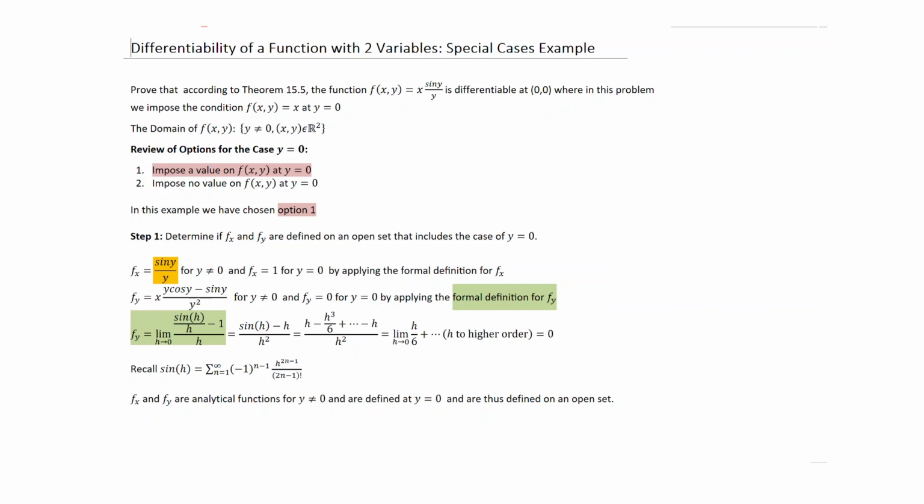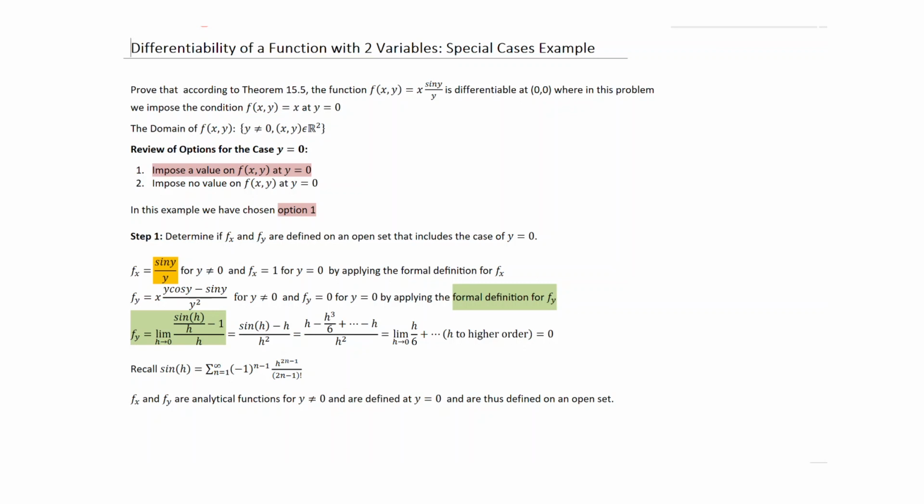And it'll be fx = 1 for y = 0 if we apply the formal definition, which means you have a difference divided by some variable, which in the limit goes to 0. Similarly for f partial y, as long as we're not dealing with y = 0, the function is well defined. Whereas for the case where y = 0, we can again use the formal definition and show that fy = 0 for y = 0.